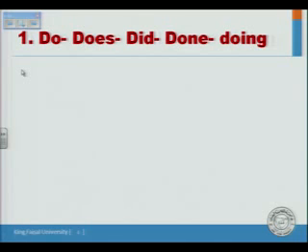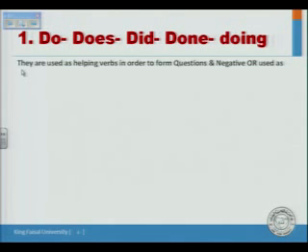It might be used as a helping verb, and it might be used as a main verb, which means to make something. So this is the first note about do. It is used as a helping verb in order to form questions and negatives, and as a main verb.